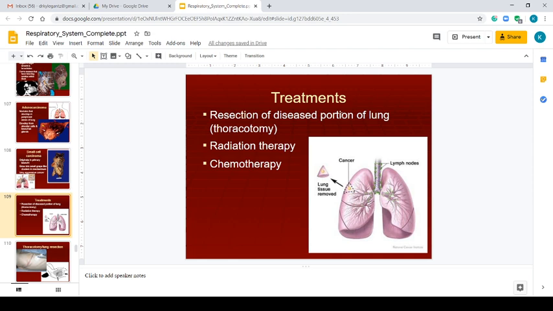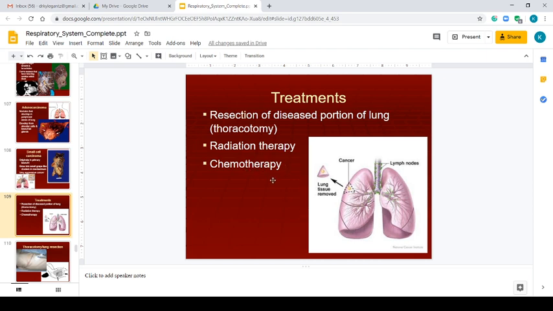Then you're going to want to do radiation of that spot to make sure that you kill all dividing cells, right? Because we know that cancer is an out of control dividing cell. You want to kill all the dividing cells in that area, and then you would take a chemotherapy, which would be a global thing, to try and reduce or kill off any dividing cells that may have traveled out of the lung.